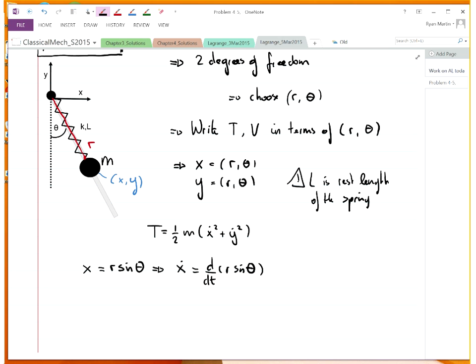In this case, though, r is a function of time, and theta is a function of time. So I have to be a little bit careful when we take this derivative, right? Both r and sine theta are functions of time. So it's the product rule for derivatives. So if I do the product rule, I get r dot sine theta plus r cos theta theta dot.